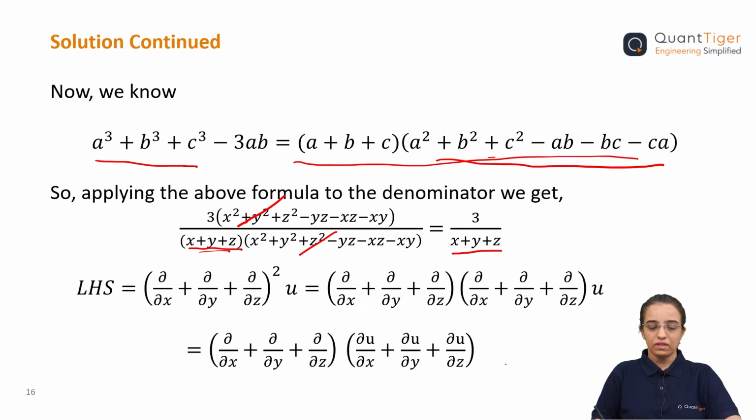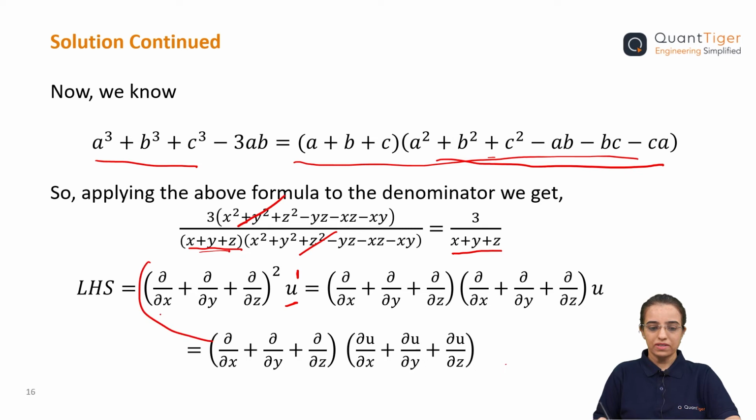Now if you look carefully at the left hand side, which they ask us to prove, this whole bracket has been given: del upon del x plus del by del y plus del by del z, bracket square, and u is nothing but the given function which we have to multiply with it. If you look here, u's power is 1 and the bracket power is 2, so directly we cannot multiply them because they have different powers.